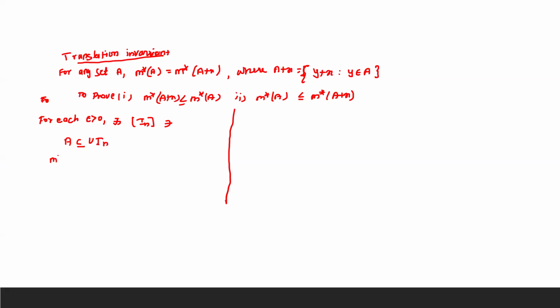And by the definition, the outer measure of A is equal to the infimum of the summation of the length of In. Now we can rewrite this. If we skip the infimum, then this equality becomes an inequality. The outer measure of A is less than or equal to the summation of the length of In.